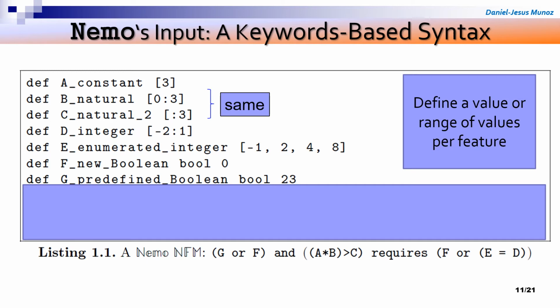Then we have feature D, an integer between -2 and 1. Then we have an enumerated feature that can take the exact values -1, 2, 4, or 8. Then we have a simple boolean, regular feature, and then a predefined one. That means we are extending an old feature model with numerical features.